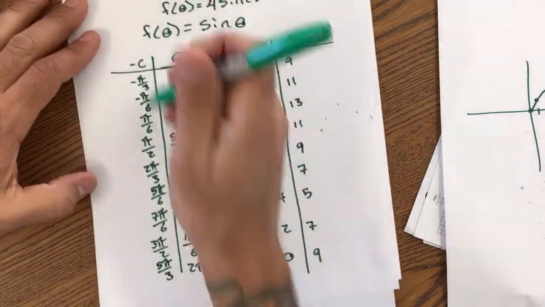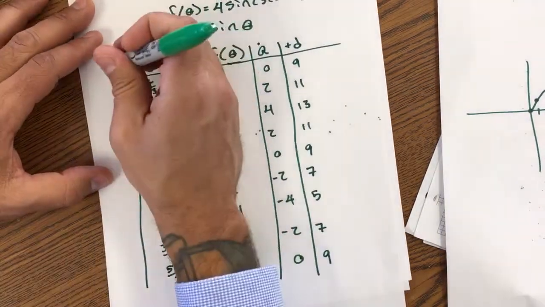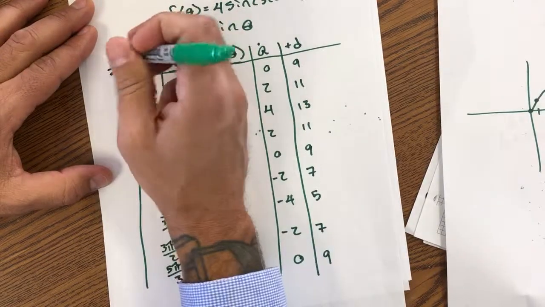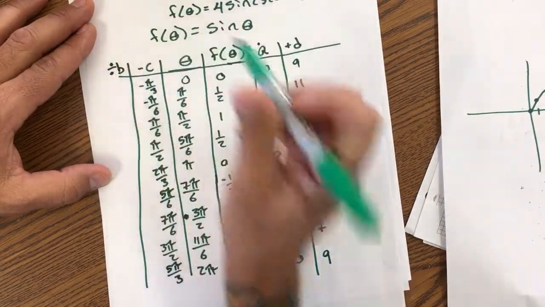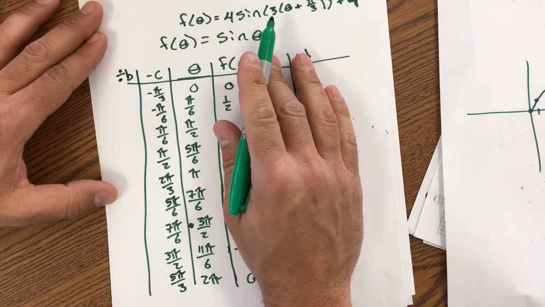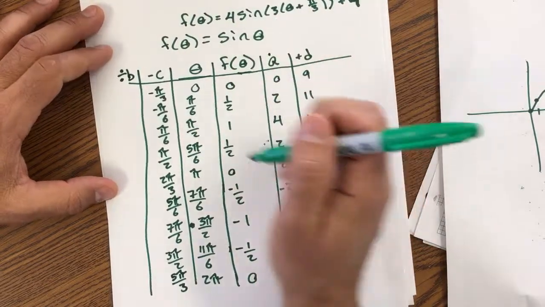And then we're going to divide these numbers by our B. Our B on this is 3, so we're going to multiply by 1/3.